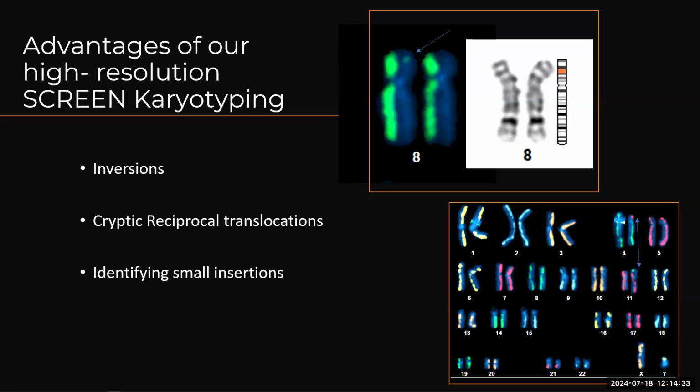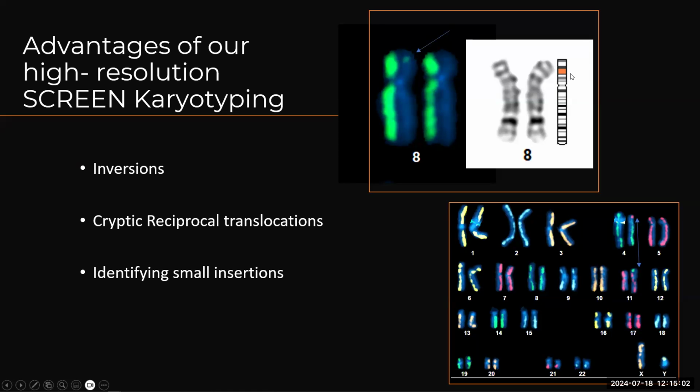So the advantages of our SCREEN assay, you'll see a very small inversion on chromosome 8p. This is actually one of our control cell lines. And if you look at the G-band picture here, it's not detectable, even at a very high resolution, which this ideogram is at 850. You're not able to see something like that.